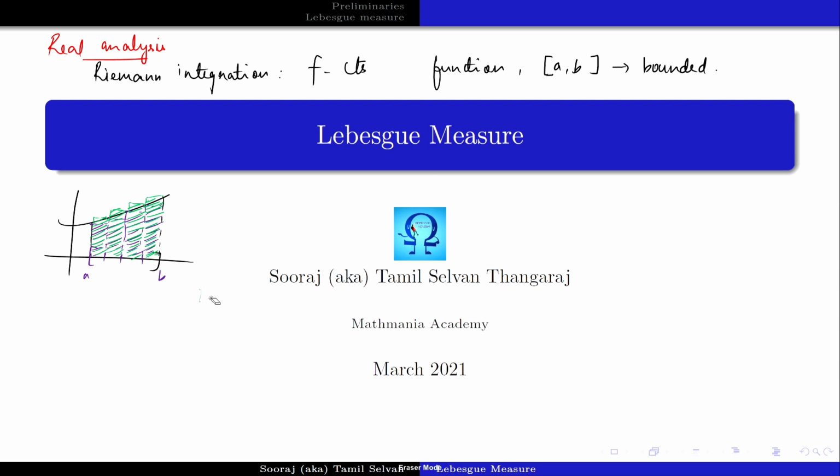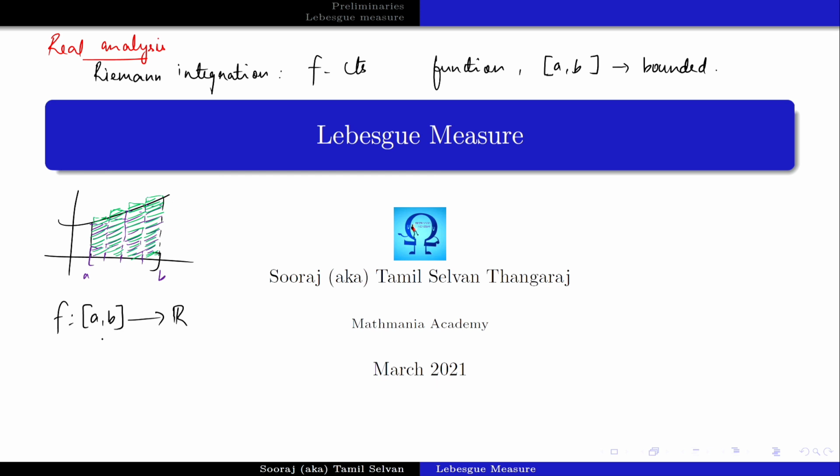These rectangles have to be very small, that is, we have to divide the entire interval into as many possible subintervals, and the length of those subintervals should be very small, that is, the length may approach 0. With those ideologies we have done these things. This is the Riemann ideology. There we had the function f which is defined from AB to R.